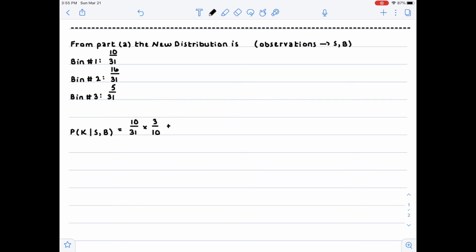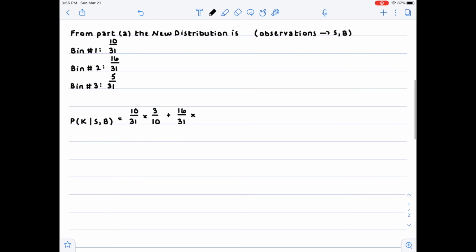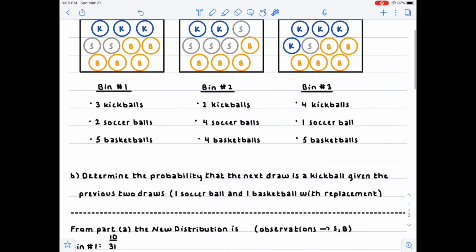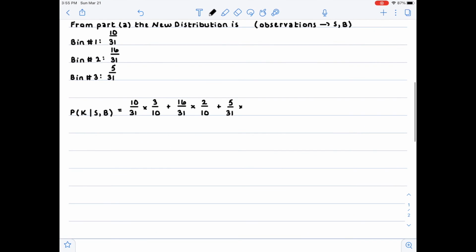We then add the probability we have bin 2, that's 16 over 31, and we multiply that times the probability of drawing a kickball from bin 2. So we have 2 kickballs in bin 2. So that would be 2 over 10. And then we add the probability that we have bin 3, so that's 5 over 31, times the probability that we will draw a kickball from bin 3. And that would be 4 kickballs in bin 3. So that is times 4 over 10.